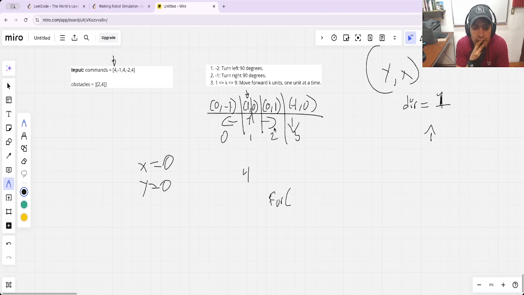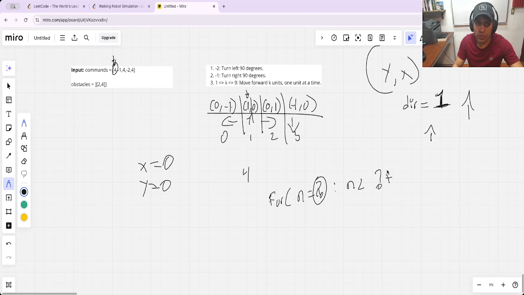We have the number of steps that we need to move, n, and meanwhile n is less than this value plus this, n plus plus, and here we validate if we have an obstacle, and if so, only break.